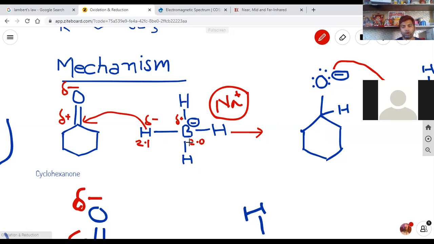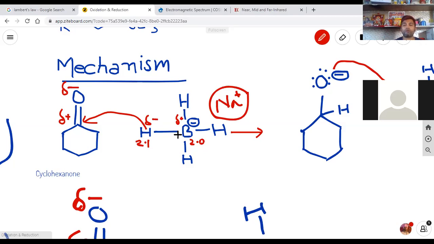We know the boron has a negative charge, but the electronegativity of boron is less than the electronegativity of hydrogen. I have written it approximately as 2 or 2.1.